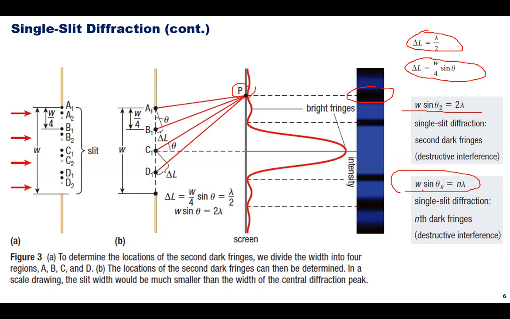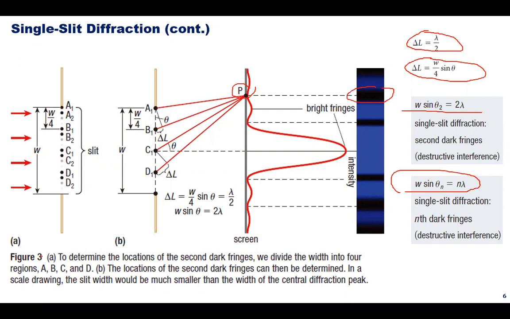This is a relationship of the three variables for the nth dark fringes, where n equals 1, 2, 3, and so on. The values of theta n that satisfy this equation give the angles of all dark fringes.